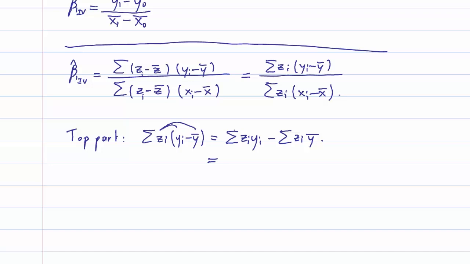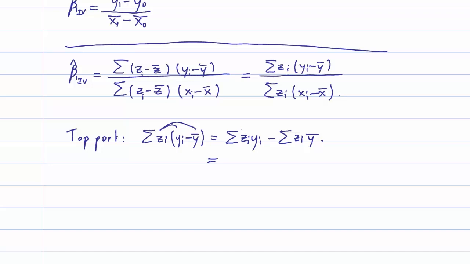Now, what is the sum of zi times yi? We know that zi is either 1 or 0. For the whole group where zi equals 0, we just have 0 times yi, which is a sum of 0, so this group disappears.